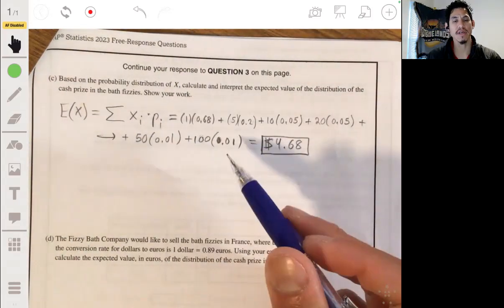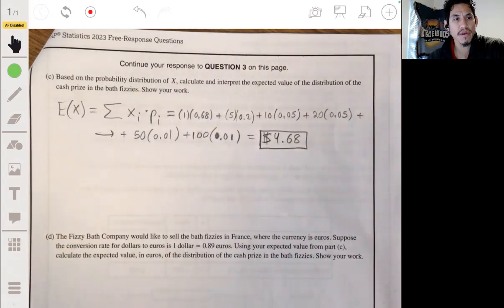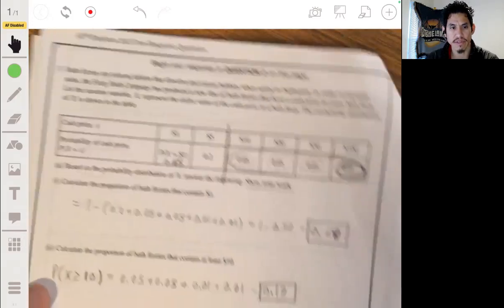Now, what does this mean? Well, this is basically saying that if someone was to select many of these bath fizzies, or play this game over and over many times, on average they would get $4.68 worth in prizes. So again, it's a long run frequency.